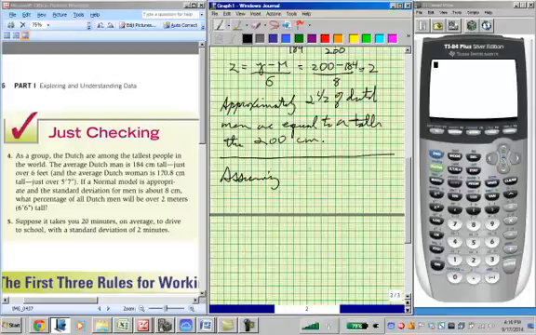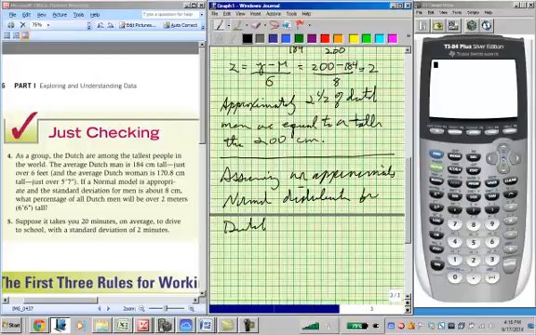Assuming an approximately normal distribution, for Dutch men, what percentage are 195 centimeters taller or greater?